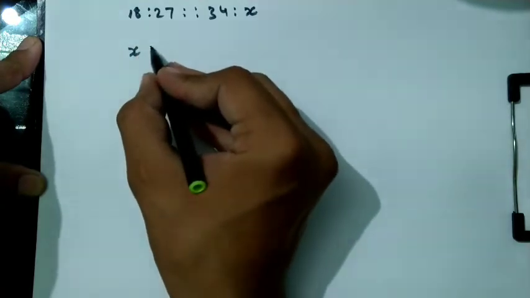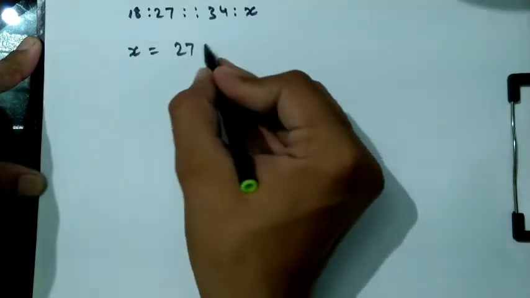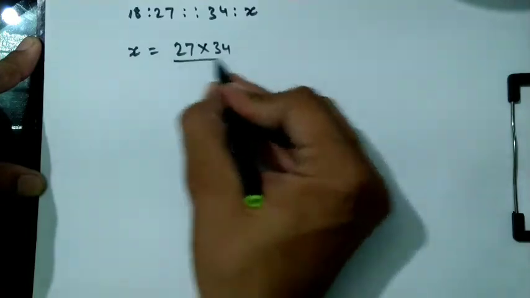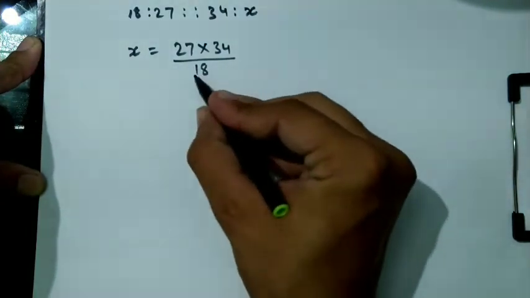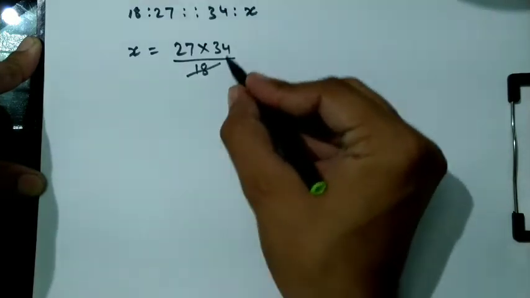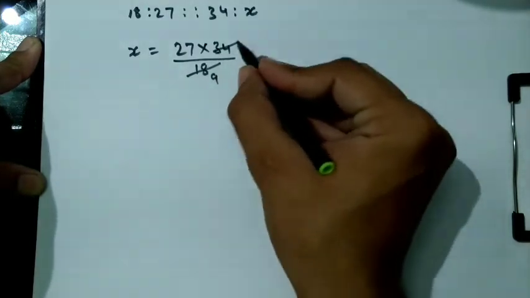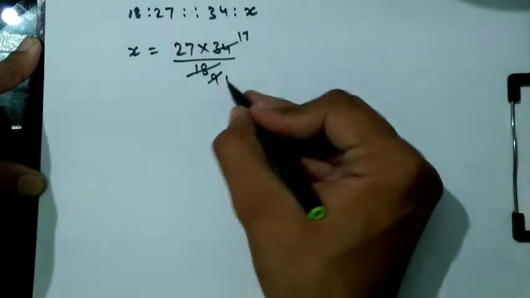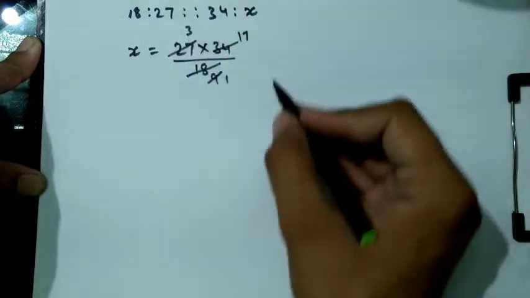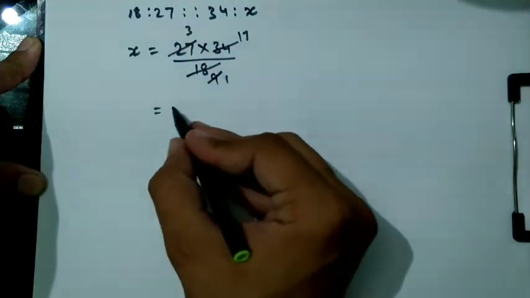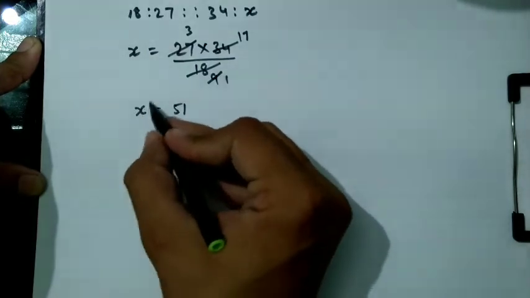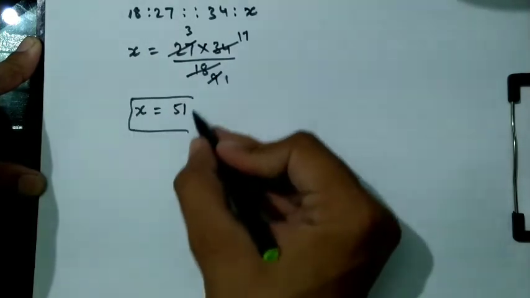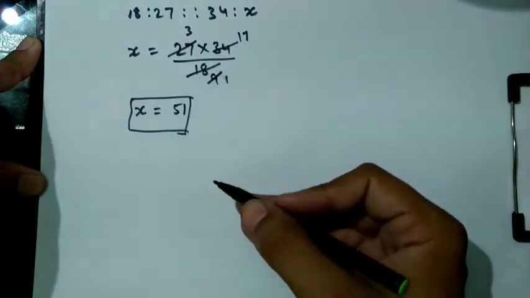So x will be equal to 27 into 34 divided by 18. Okay, so now here is 9, here will be 17, 9 ones are 9, 9 threes are 27 and 17 threes are 51. So x is equal to 51 here.